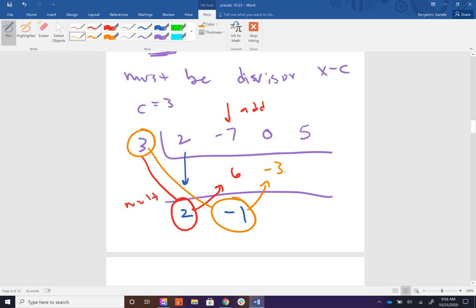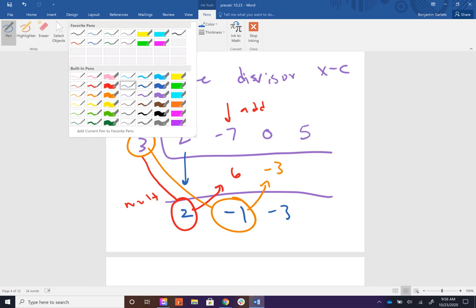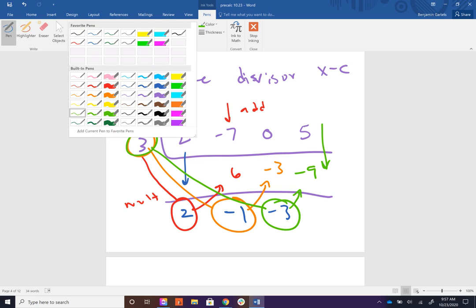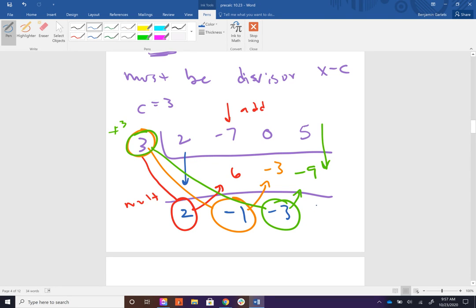I'm going to add 0 and negative 3, negative 3, and then I'm going to take my divisor. Remember, this represents x minus 3, and I'm going to multiply it here and put that here, so negative 9, and then I'm going to add down, and I get minus 4.